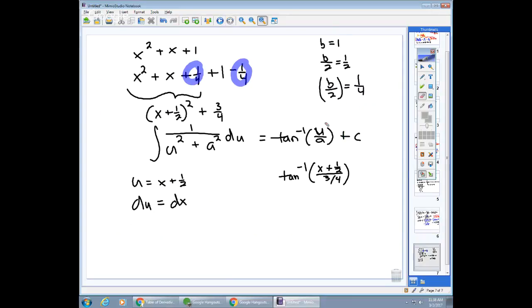Where's that page over here? Yeah, so this says, let's switch to red, a squared is 3/4. So a is going to be the square root of 3/4, which I could say is the square root of 3 over 4, over 2, oops.